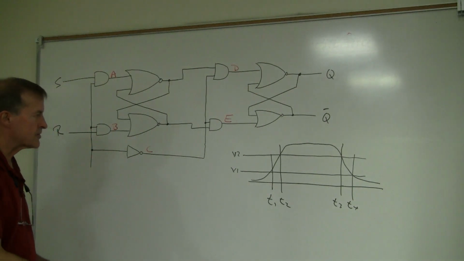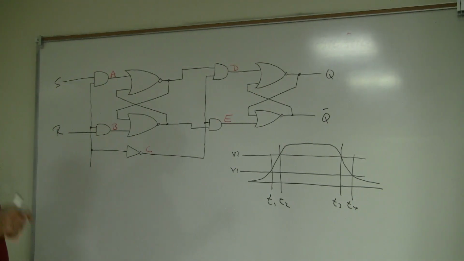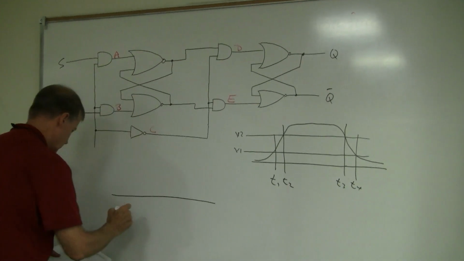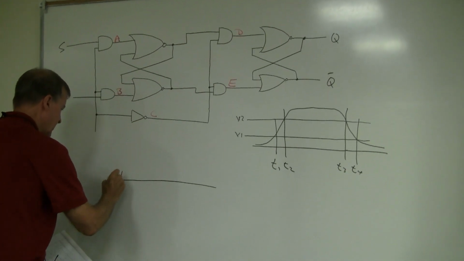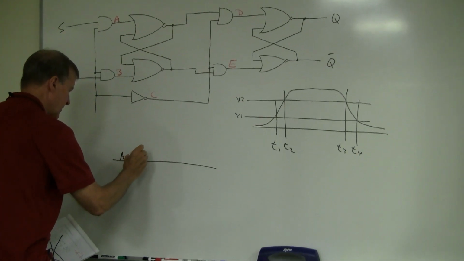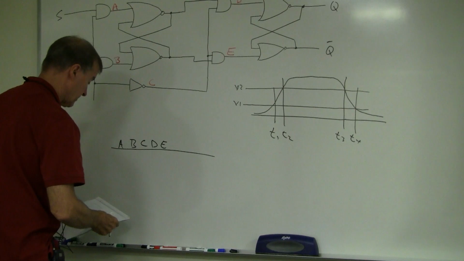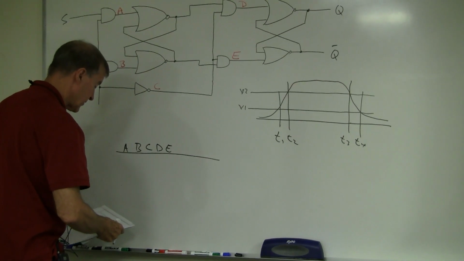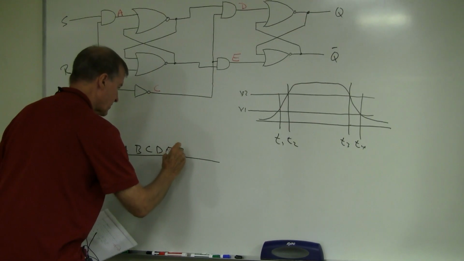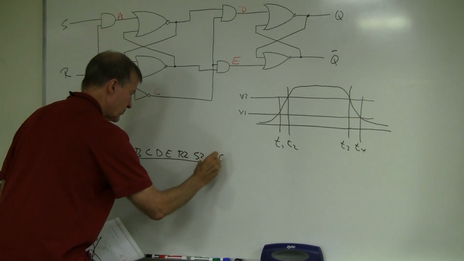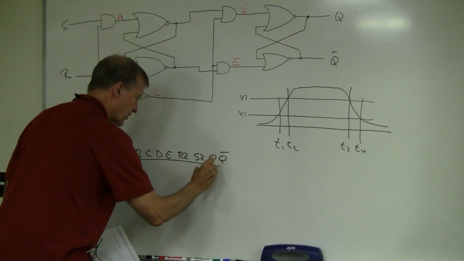And so to do this homework assignment, what you need to do is construct a table that starts off like this. We have the points A, B, C, D, E, A, B, C, D, E, R2, S2, Q, and Q bar.